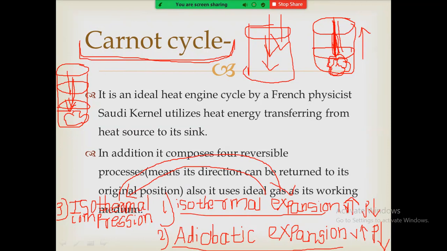Suppose the piston goes up to this part, the pressure available at this part will increase. Whenever the pressure increases, the volume of the gas will decrease here.